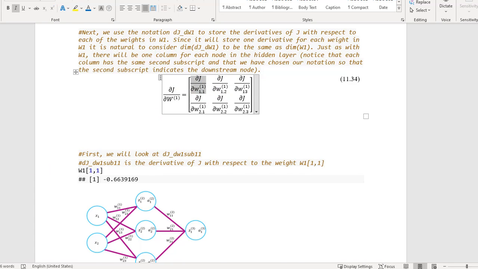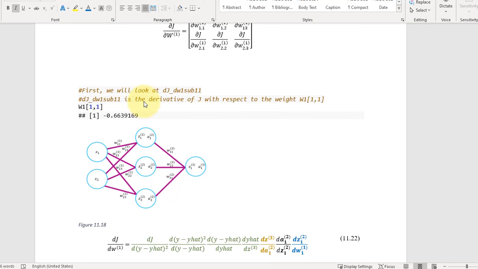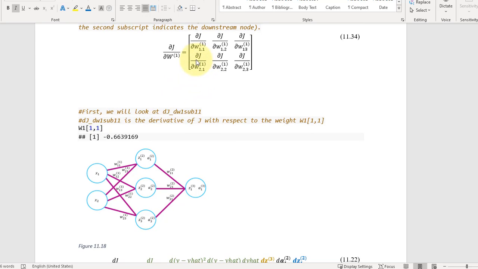But what's going to be the difference between this one, say, and this one? This would be called W21. So what's the difference? And by the way, where's that? W21 is here. So what's the difference between this weight and this weight? Well, actually everything is the same. If you go here, here, here, and out to J, or you go this way, the only difference is that here we're going to have x1, and here we're going to have x2 at the end.